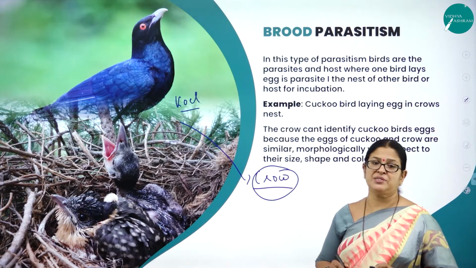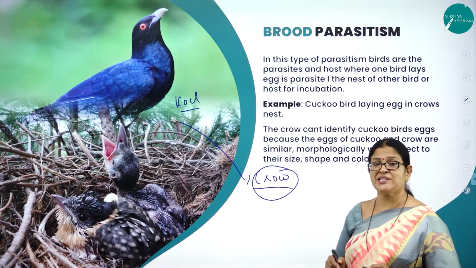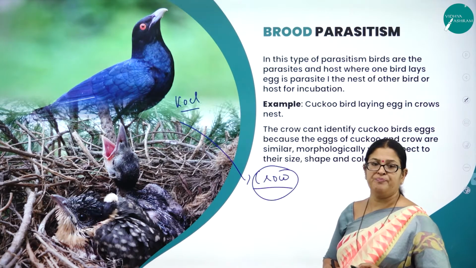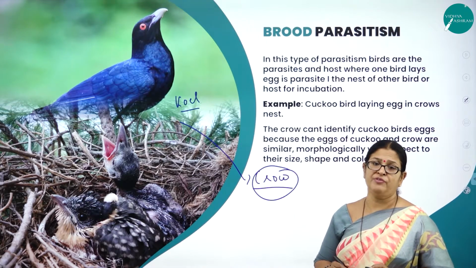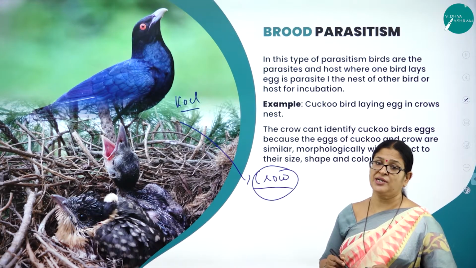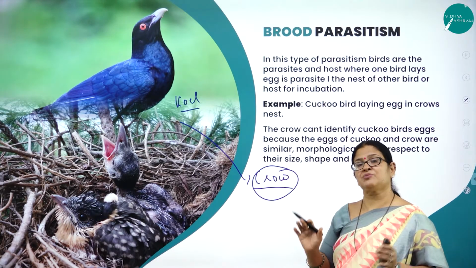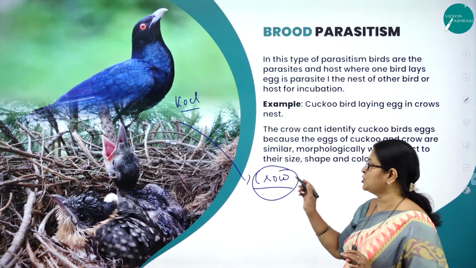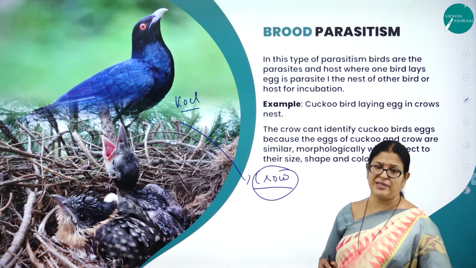Many a time we come across the coil bird laying eggs in the nest of the crow. And this crow will mistake the eggs of the coil as its own eggs, and it will start hatching the eggs. The coil bird's job is only to lay eggs in the crow nest, and the remaining part of hatching and everything is taken care of by the crow.